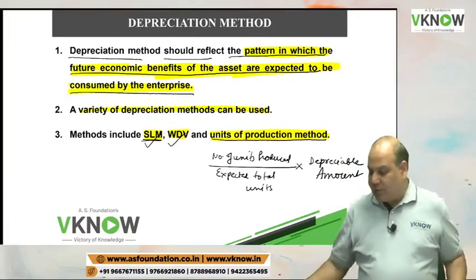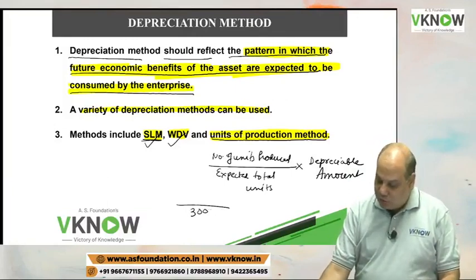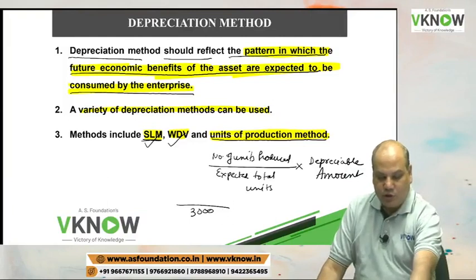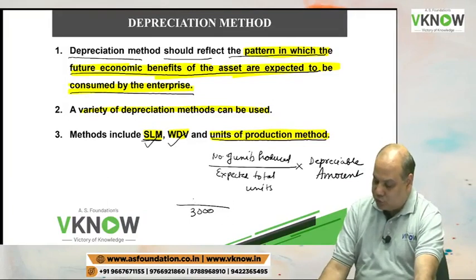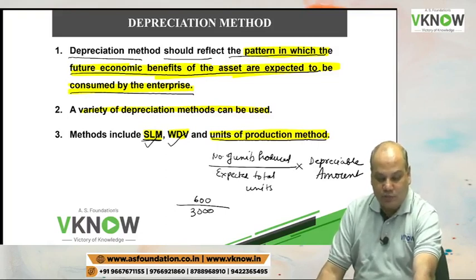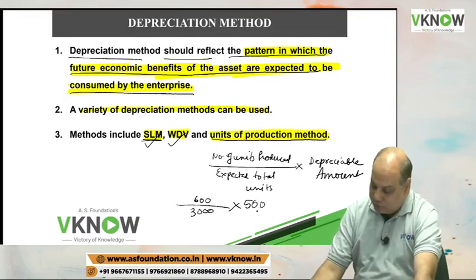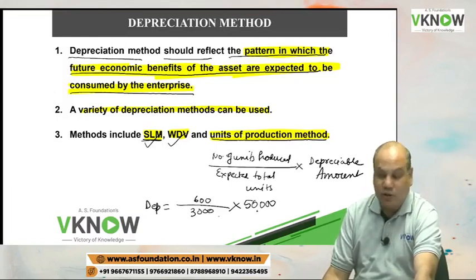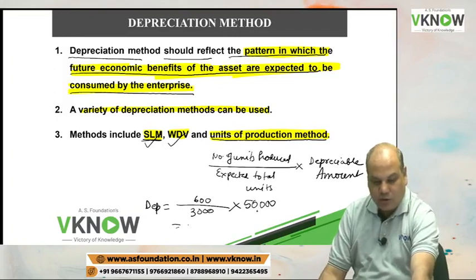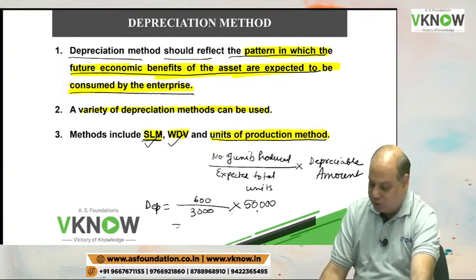Like I gave you example of my projector. My projector total life is 3000 hours and I have used 600 hours in this year and the depreciable amount is 50,000. So tell me what will be depreciation? 600 divided by 3,000 into 50,000. Come on. Answer. What will be depreciation?